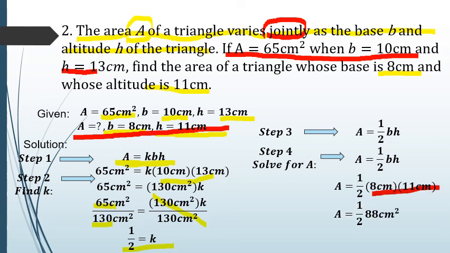Magkakaroon tayo ng A equals 1/2 times 88 squared centimeters. So, 1/2 times 88, ang sagot ay 44. Ibig sabihin, ang area ay 44 squared centimeters when the base is 8 centimeters and the altitude is 11 centimeters.